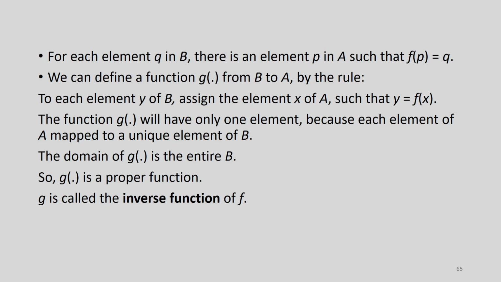The function g will have only one element for each y, because each element of A is mapped to a unique element of B. So, let me give you an example of what I mean by one to one function.